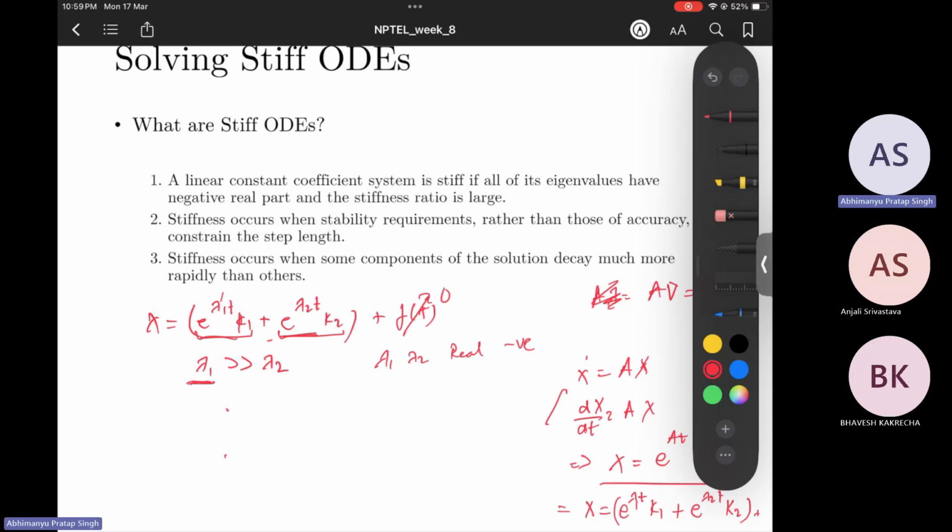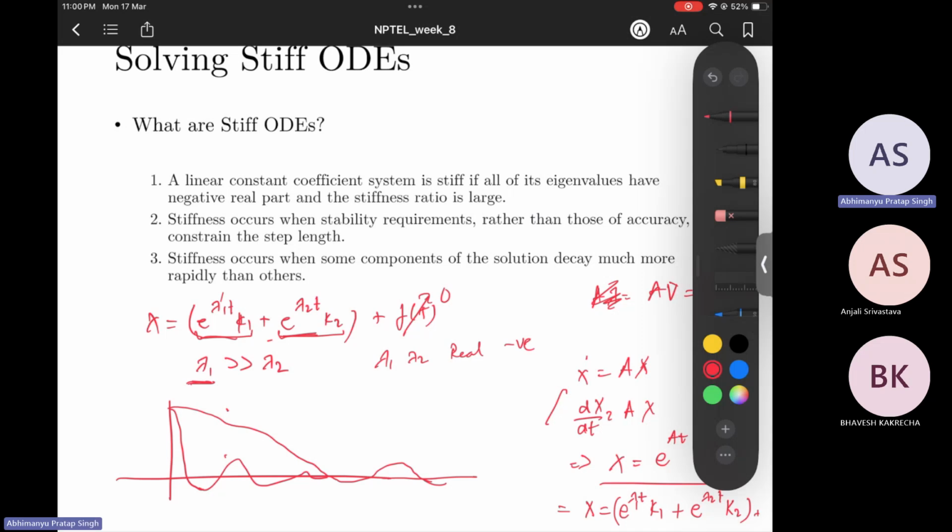In such situations, what happens is that ODE45 tries to maintain the time scales of the slower part, right? Suppose I have some term which goes like this, and then there is another part that goes like this.